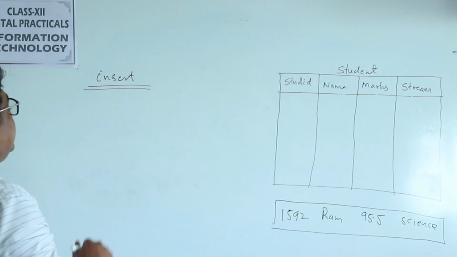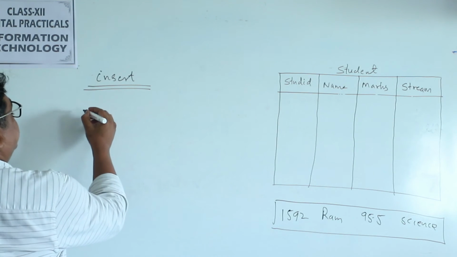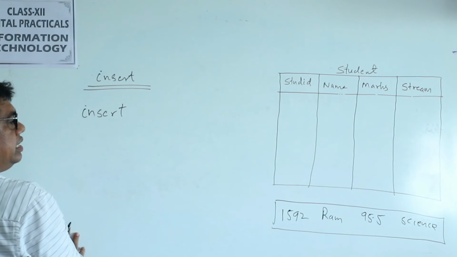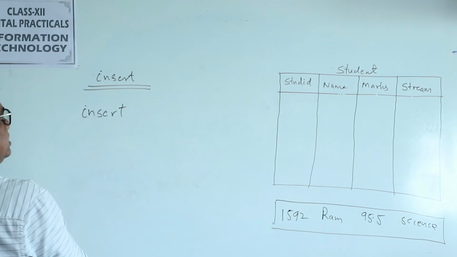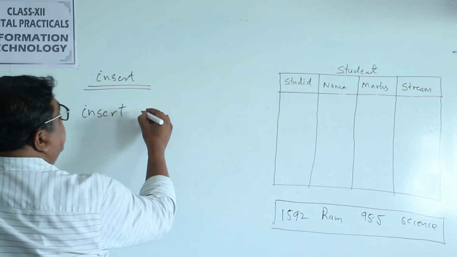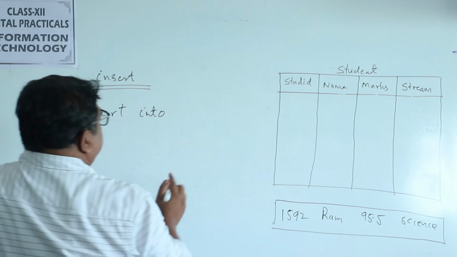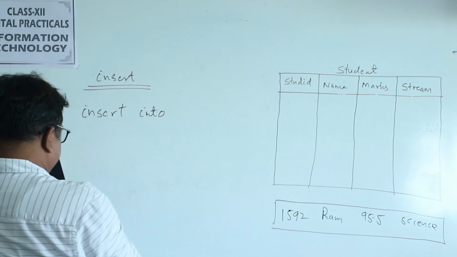Okay, and see, for that what is the syntax? We will use insert, which is a keyword. In the MySQL prompt we have to write insert, it's a keyword. Into is a keyword. Then we have to specify a table name.